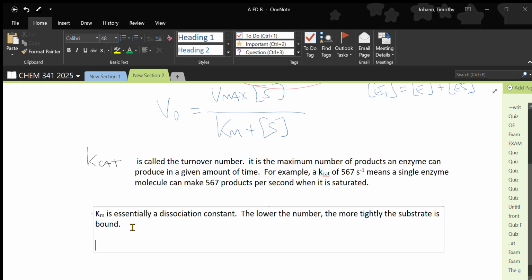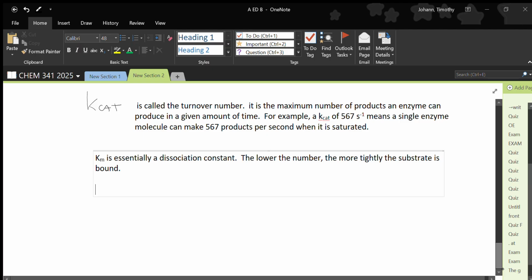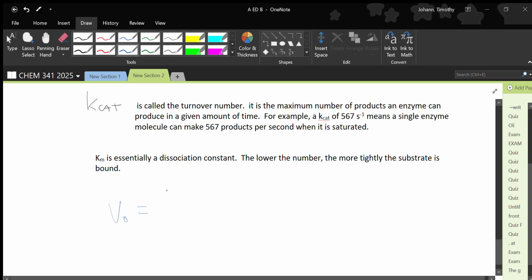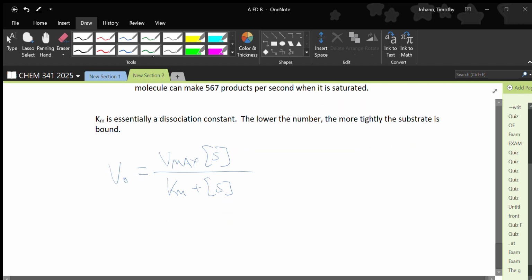Let's remind ourselves of what we can do with this equation. So once again, V naught is equal to Vmax times substrate concentration over Km plus substrate concentration. As we talked about last week, we can divide 1 by both sides of this.